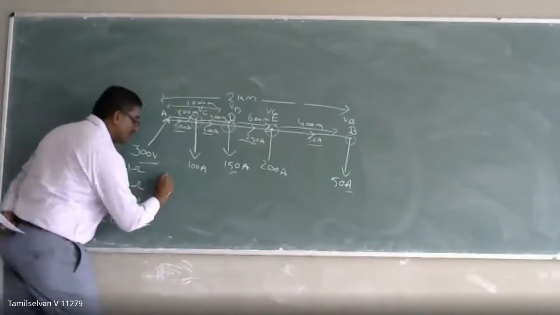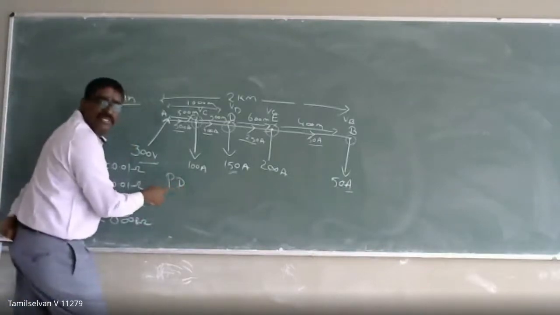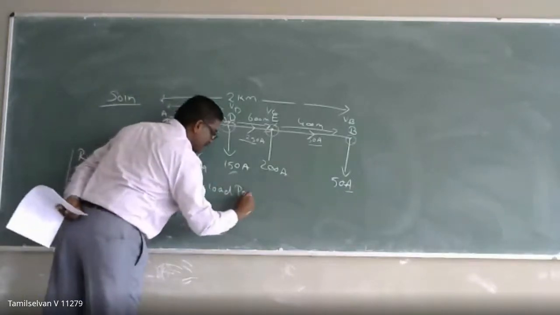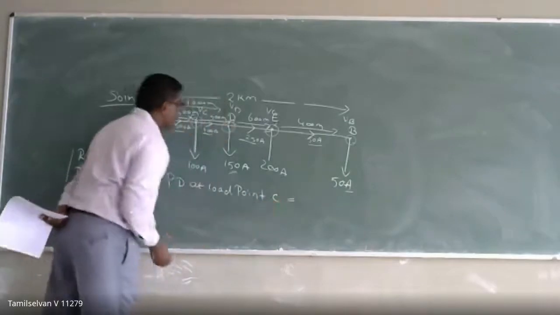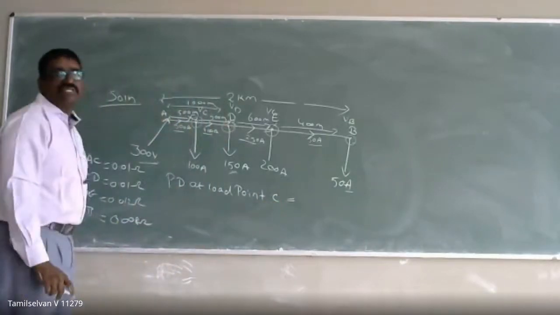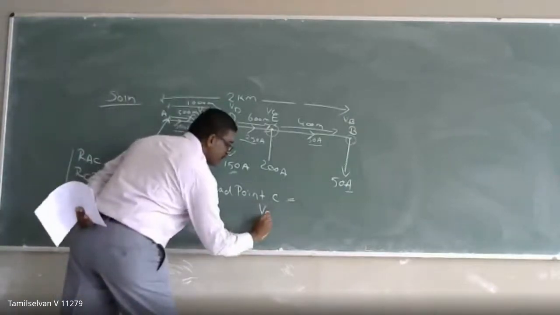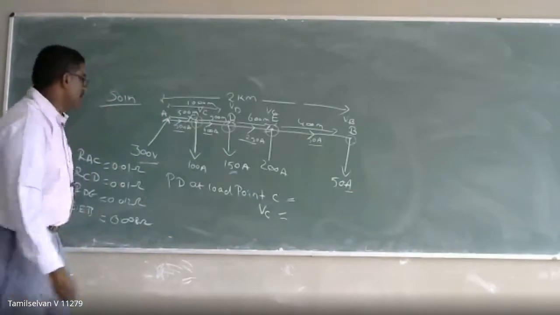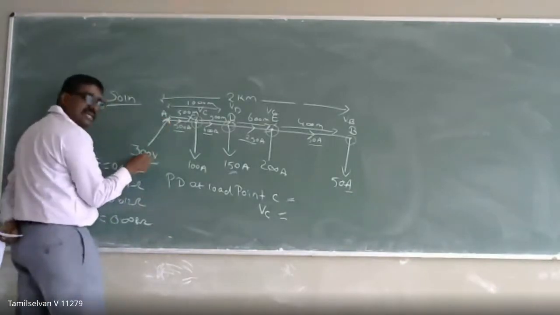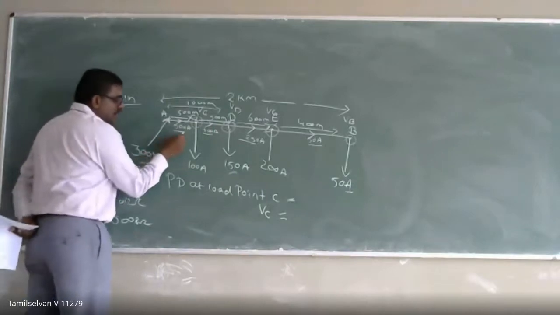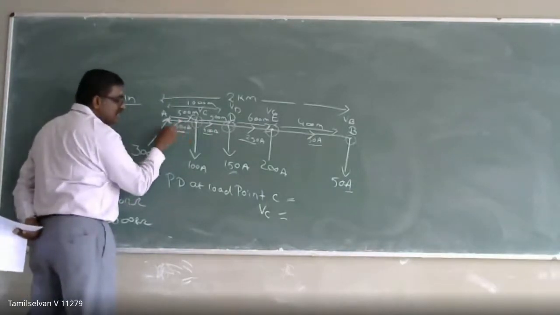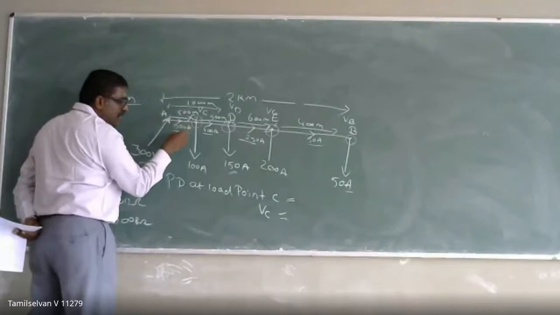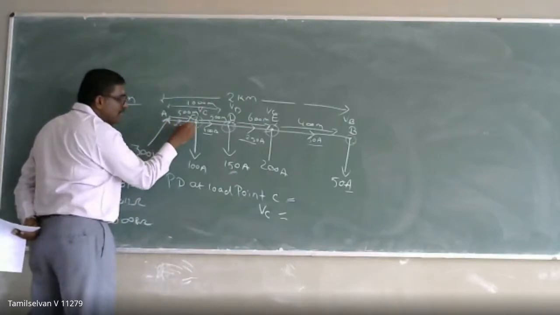So now we are going to calculate the potential difference. What is the potential difference at load point C? It means we have to calculate VC. The potential at the A point is 300 volts. I have the resistance and the current in section AC, which is 500 ampere. Due to the resistance of this cable and the current, there will be a drop in this section.